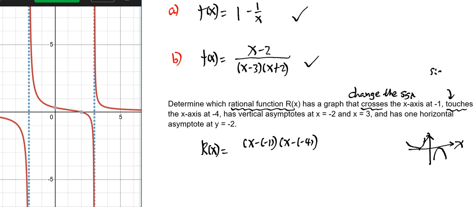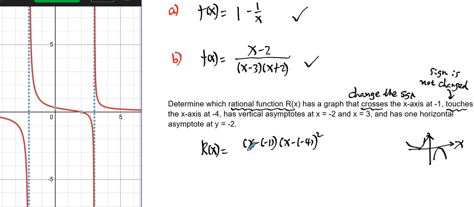The sign is not changed. It's not changed. So then it has to be squared. Or to the 4th, or to the 6th. Anyway, it has to be an even exponent.